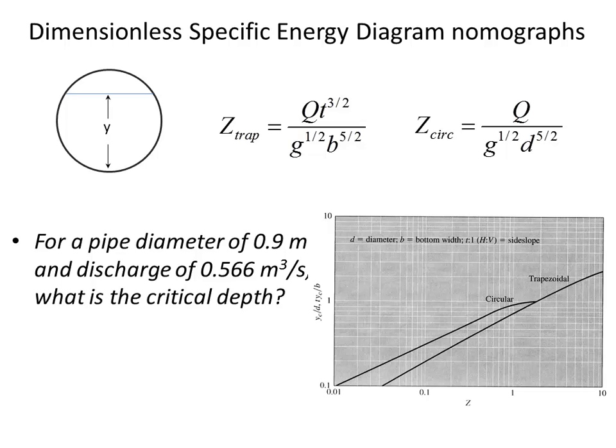The difference being probably our ability to eyeball some value off of the figure. Any questions on this critical depth method? Okay.